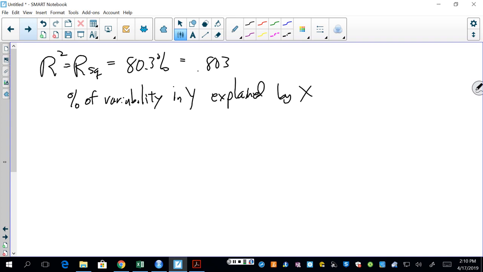People often talk loosely that it's percent of variability of Y explained by X. It's not necessarily really a causal thing, right? Because in this case, you can't really probably increase their heart rate independently of their oxygen consumption, right? If you can train somebody so they're healthier and more efficient in terms of muscles and everything like that, better condition, then probably both of them go up.